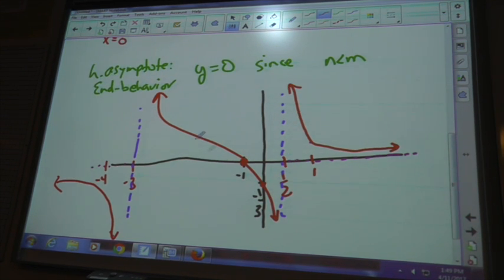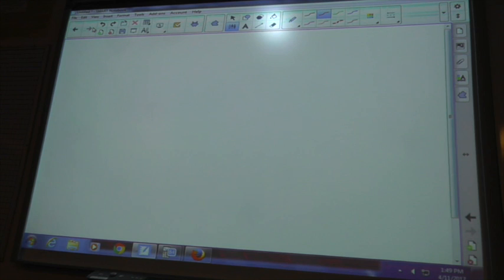Asymptotes, the zeros, you got all the important stuff here. Now this one, we already did before. Now let's do one from scratch.